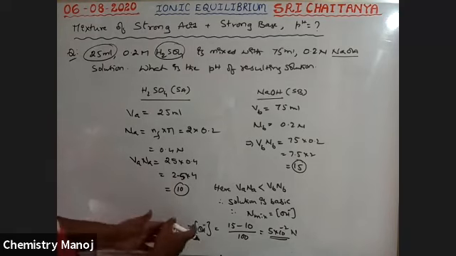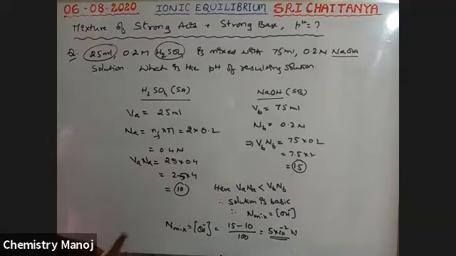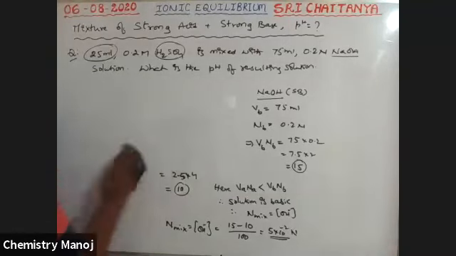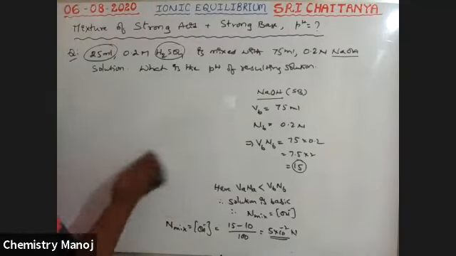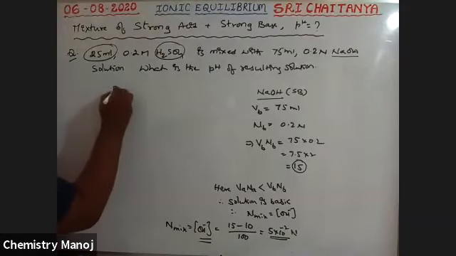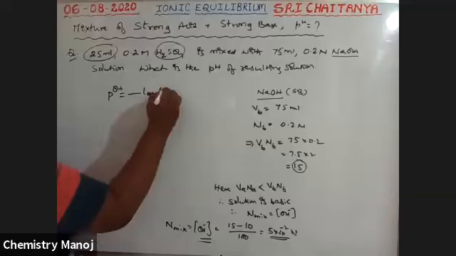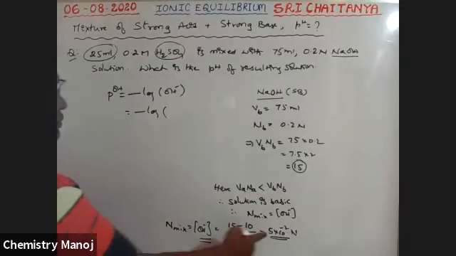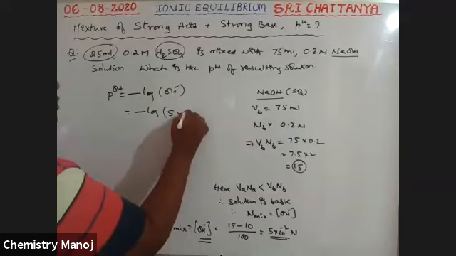So by using this OH minus concentration, you should first calculate pOH. Because OH minus is coming out, pOH is equal to minus log OH minus concentration, minus log 5 into 10 power minus 2.